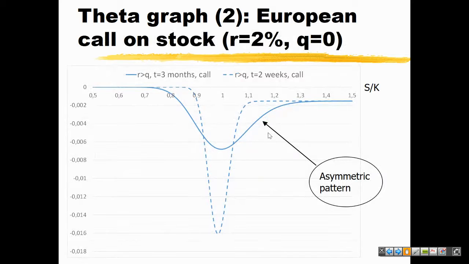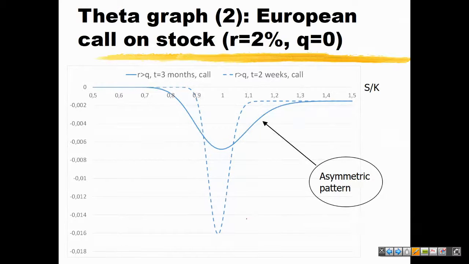For options on stocks, it's a similar thing, with the only problem that it is slightly asymmetric. There is not a fantastic intuitive explanation for that. The only thing I can say is that in this case, the passing of time also has an impact on the growth of S. So it's a mixture of the effect of delta due to the growth of S and the effect of pure passing of time on time value.